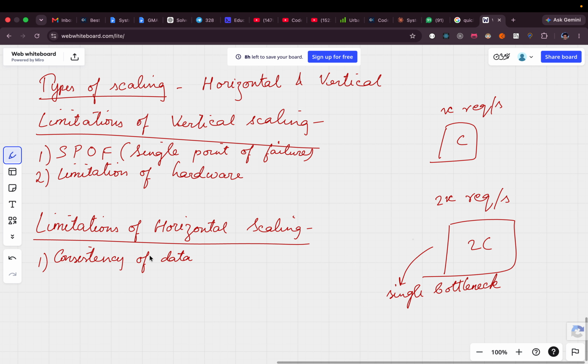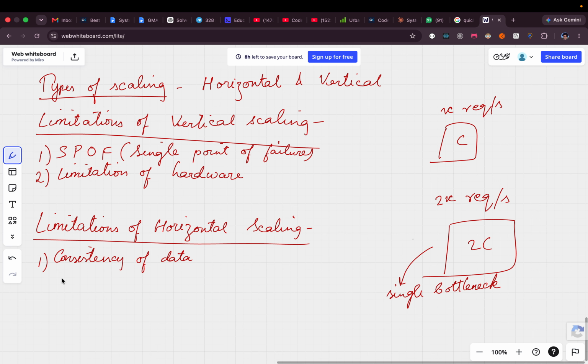For example, you have a lot of data in your database, and you have a lot of requests coming to your database as well. Now, if you have a lot of requests, you want to distribute the load into multiple servers.